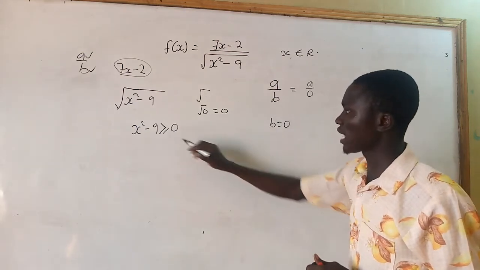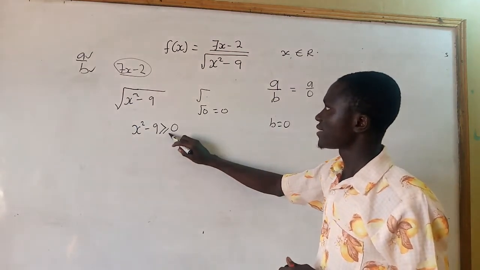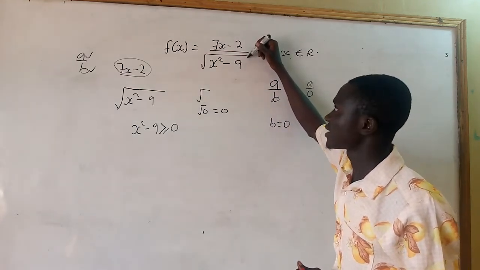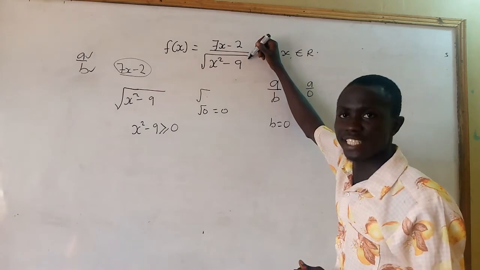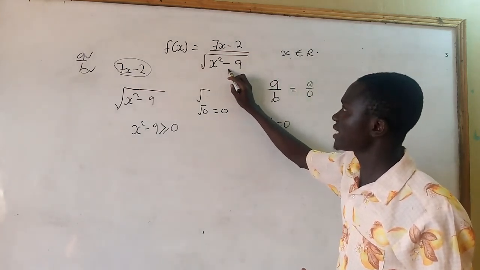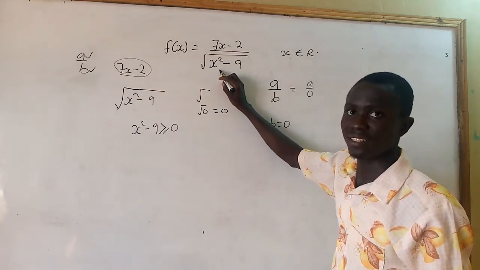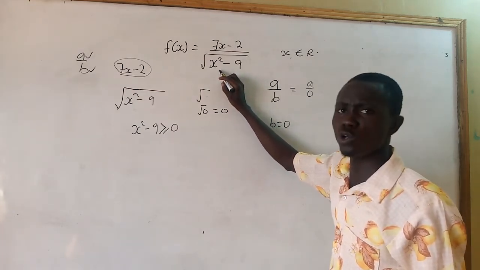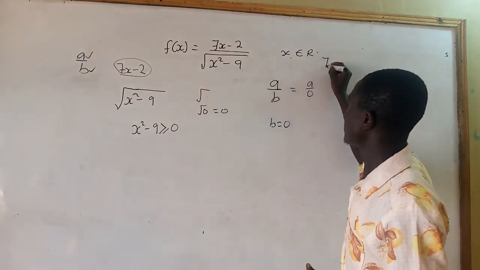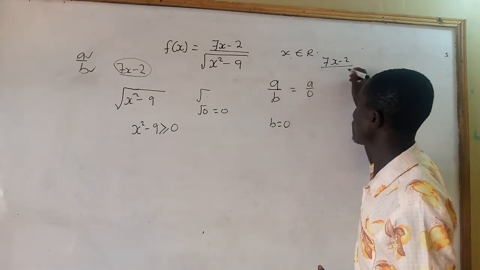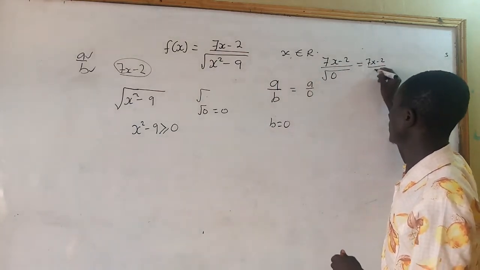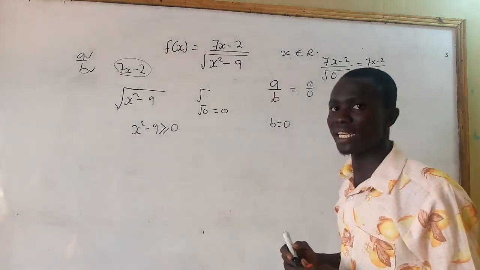So, since the radical is a denominator, it means that the expression under the radical should not be equal to 0. If it is equal to 0, we are going to have 7x minus 2 divided by square root of 0, which will give us 7x minus 2 divided by 0, and the function will be undefined.